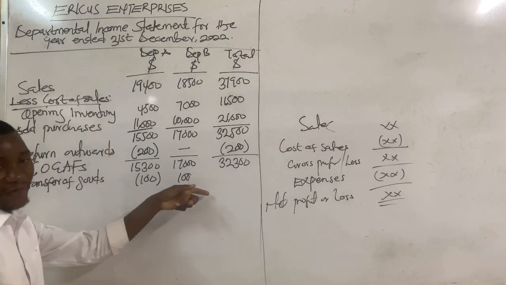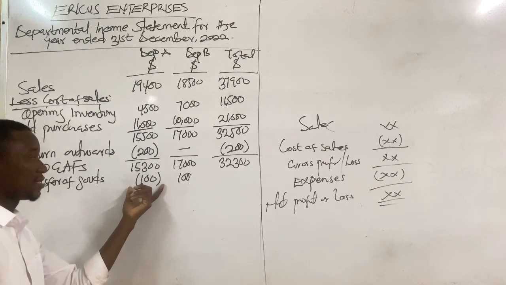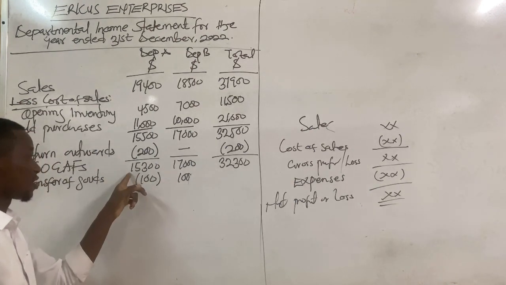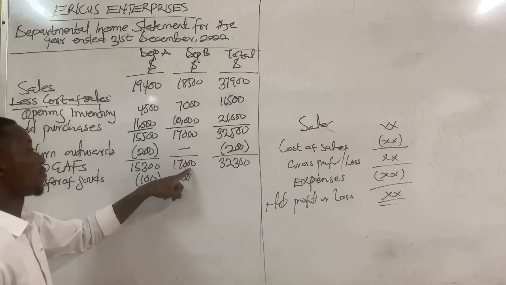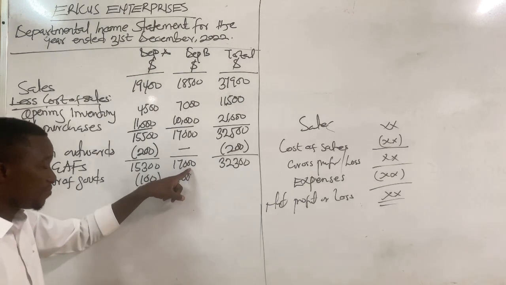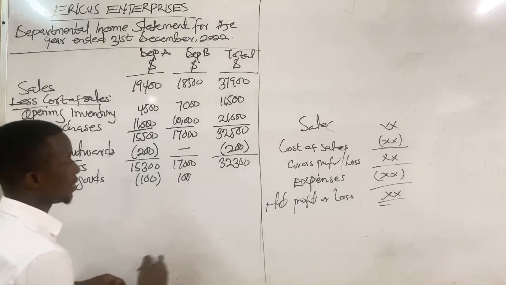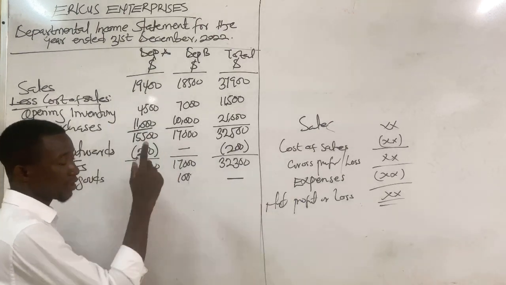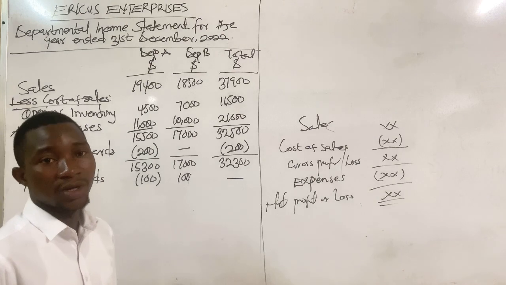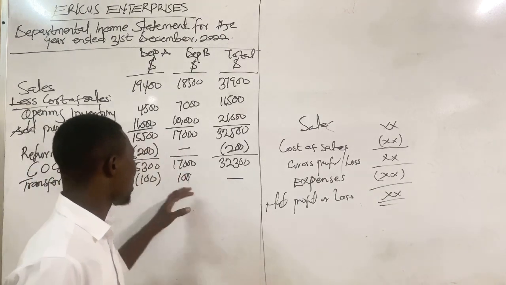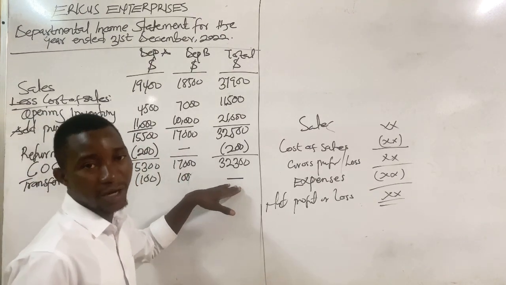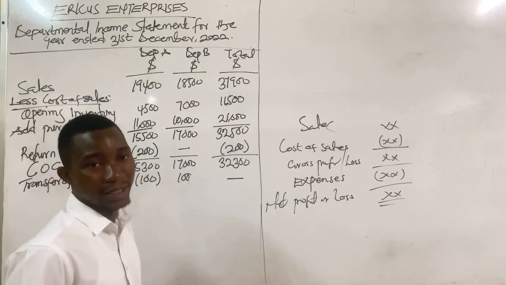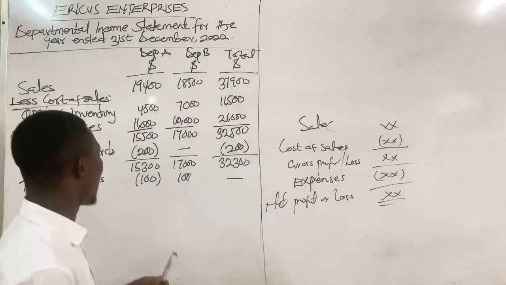A is transferring, so we take it out from A's cost of goods available for sale and add it to the cost of goods available for sale for Department B. Is that clear? And it is not going to affect the total because negative and positive cancel out. So take note that transfers do not affect the total column of the departmental income statement. Is that clear? Then let's continue.